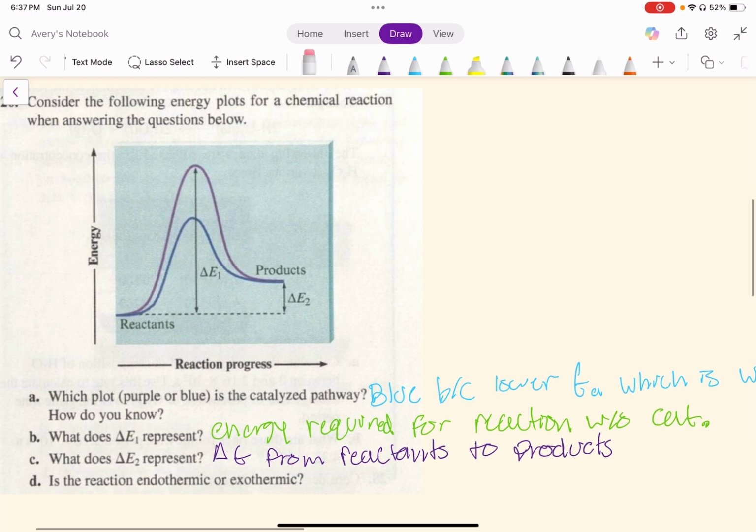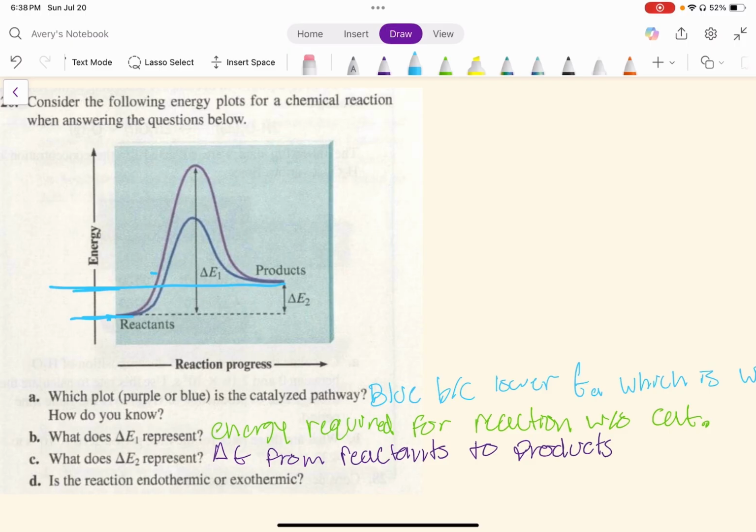We see that reactants only take this much energy, whatever that number may be, and products have this much energy. Since products are higher up on the y-axis, we know that products have more energy than reactants.